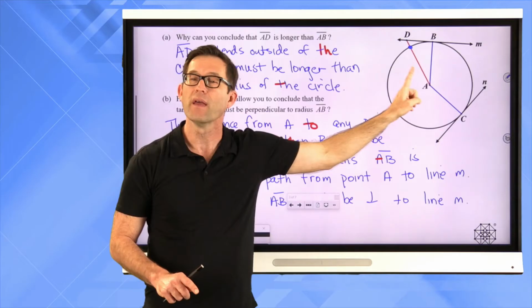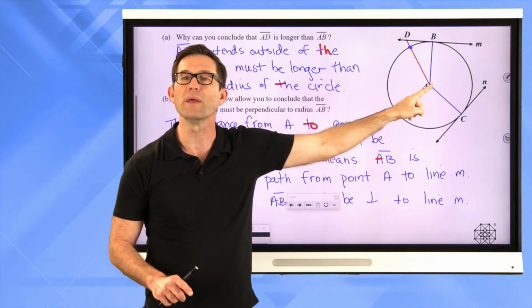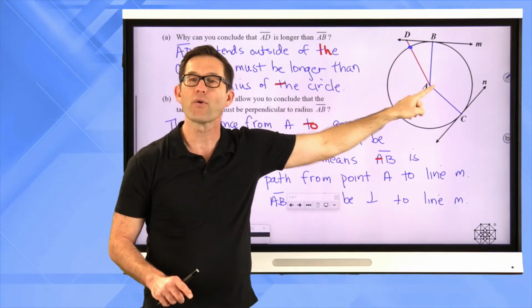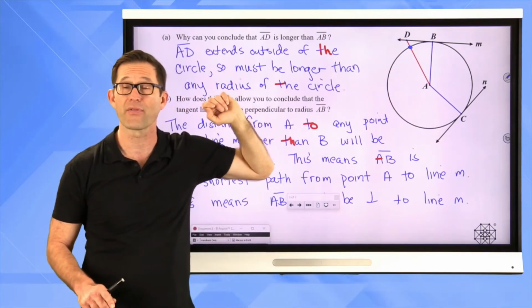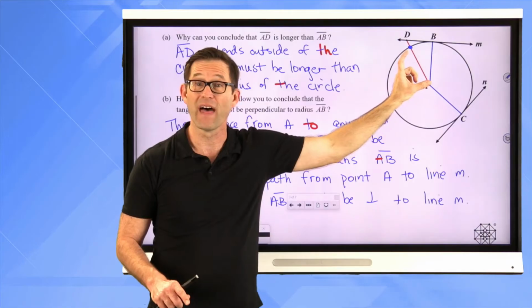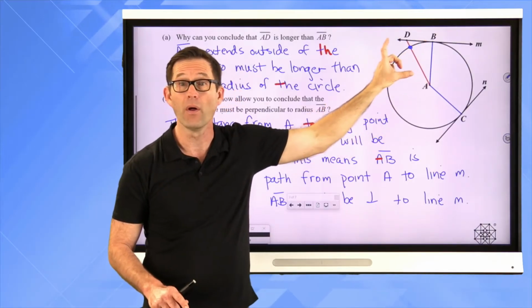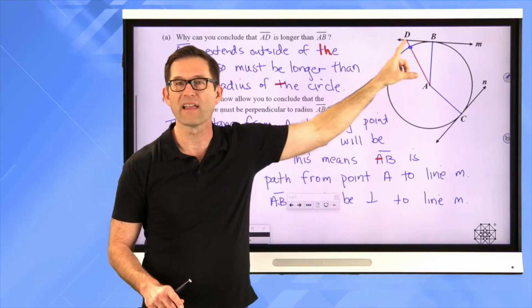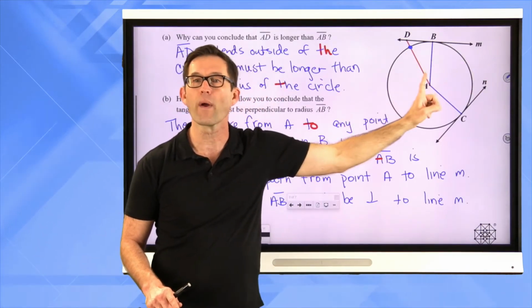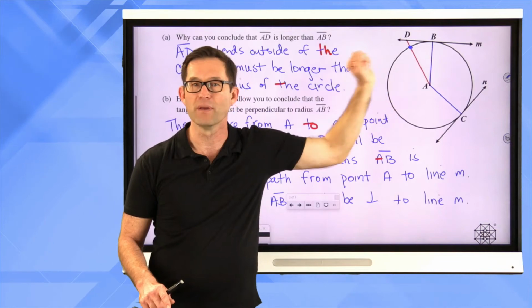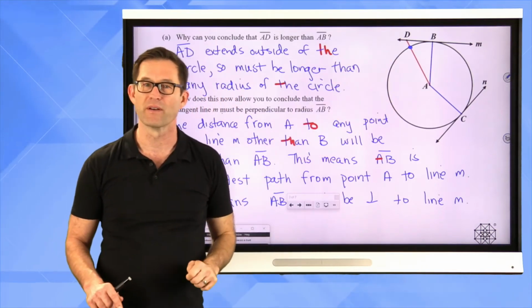that center point. If that wasn't the case, then there would be no way of knowing whether or not this was the shortest path or possibly that was a shorter path. But because that length and that length are equal, and that extends past that length, any point on this line has to be farther away from A than point B is, and therefore they must be perpendicular.